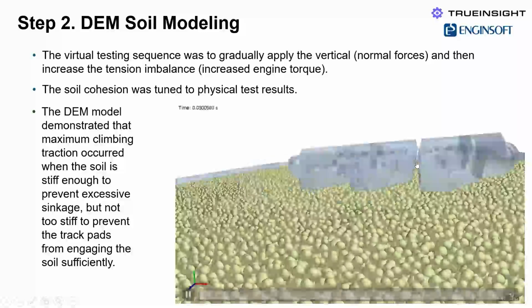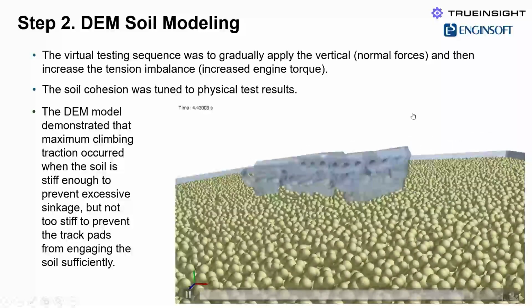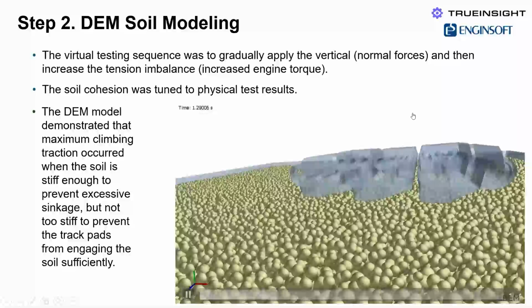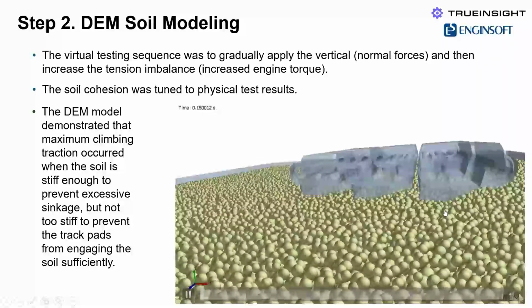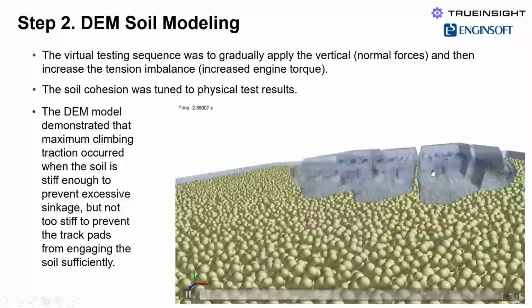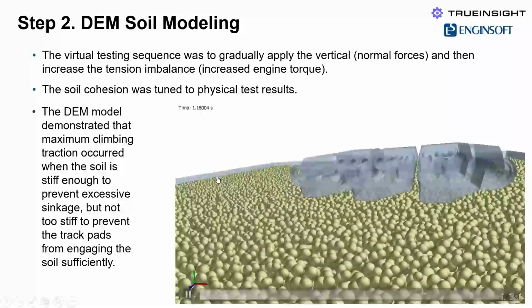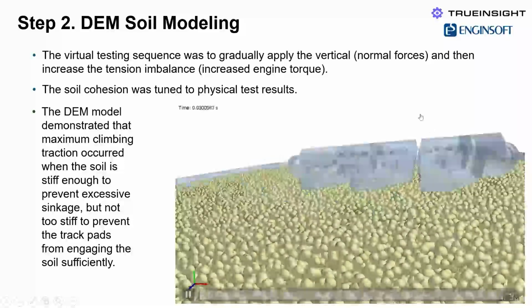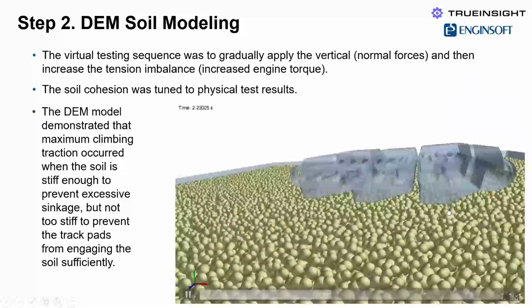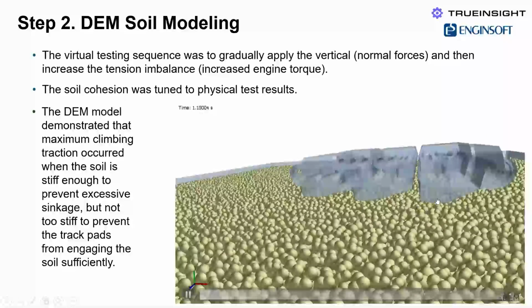And then we also tried different soil characteristics, and what we found was, as we applied the normal force, if the cohesion of the soil was too low, the track shoes could push into the soil, and so that was good.